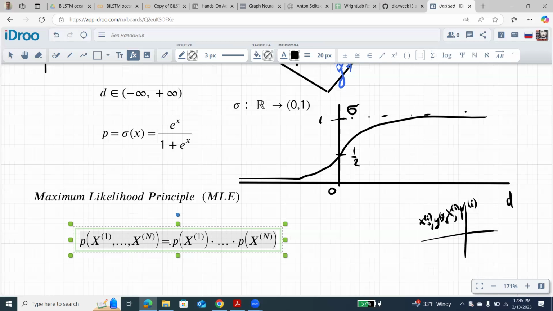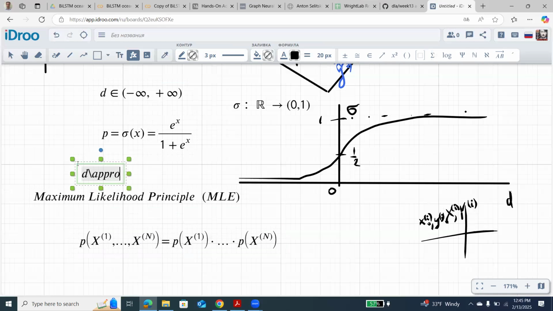So in our case, you remember that distance is approximately proportional to the dot product. There is also normalization through division by the length of W, but up to the normalization factor, it's proportional to this dot product.